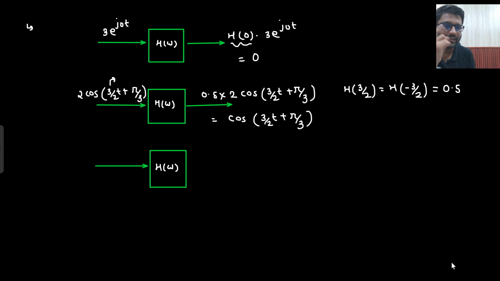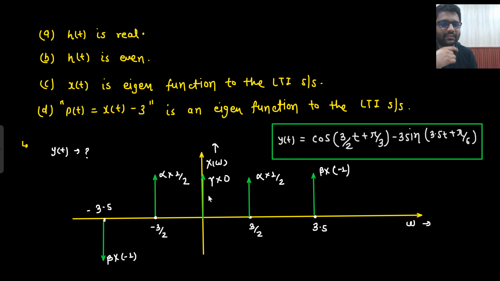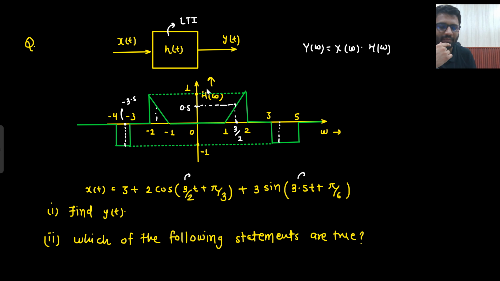If they were not equal, then the second thing I would have checked is whether h(t) is real or not. Just let me know from this graph if h(t) is real or not. Here I can see that the magnitude spectrum is not even.